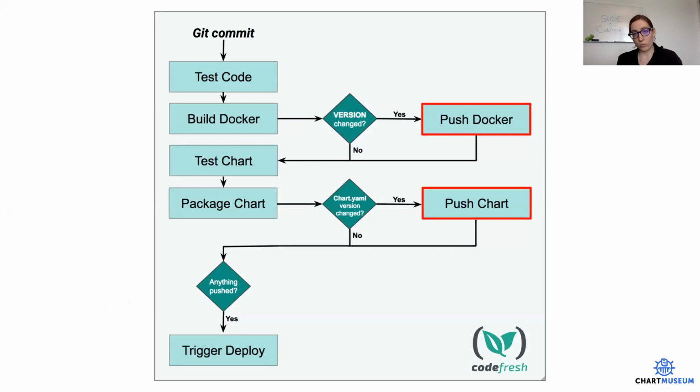This is kind of what we are thinking, ideally, for a pipeline. And back to the question that was a little earlier about the two different versions, a chart versus app, this is where we're going to handle that. Because it could be that we just decided to change our underlying application, the web page text, for example, but the chart itself works just fine.